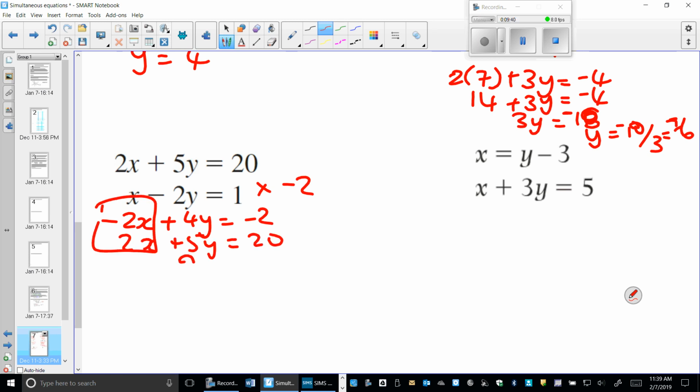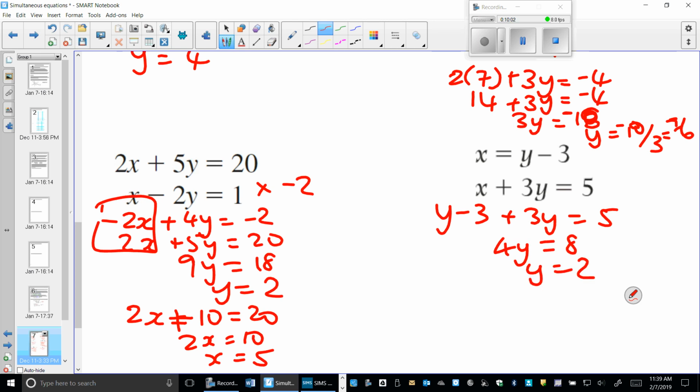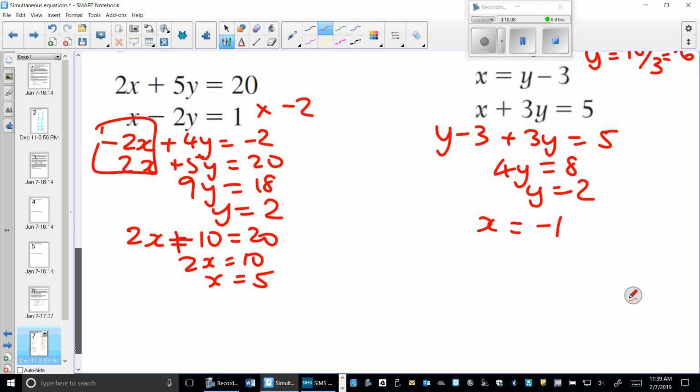So 9y equals 18, y is 2, and then 2x plus 10 equals 20, so 2x equals 10, x equals 5. And y minus 3 plus 3y equals 5. So 4y equals 8, y equals 2, and x equals negative 1. The end? Yay. Okay, so we all get those answers?